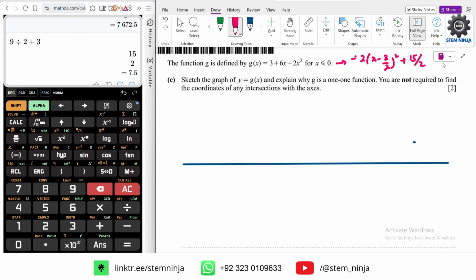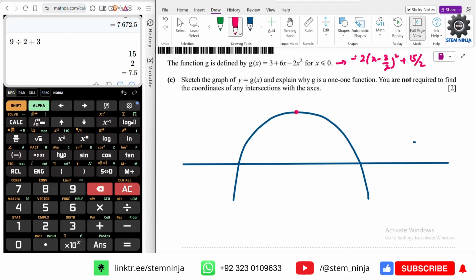So 3 over 2, 15 over 2 was the maximum point. Previously you had this, where this was this point, and we need x less than or equal to 0.